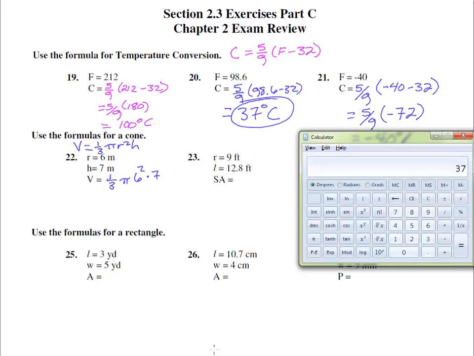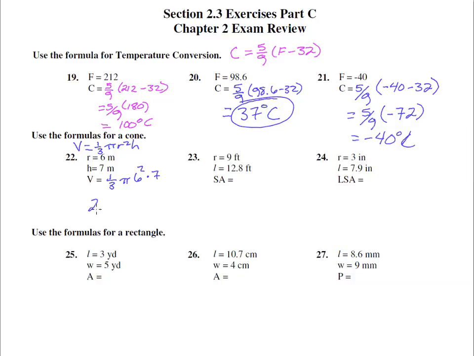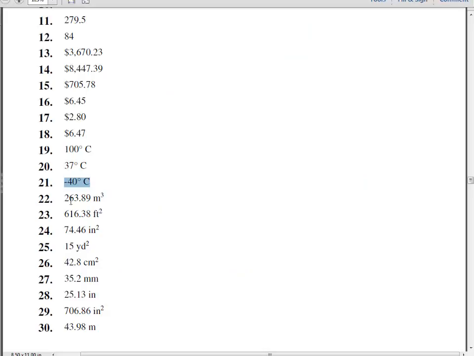Let's pull out our calculator for this one. 1 divided by 3, that gives us 1/3, times pi times 6 squared times 7 equals 263.89, or 263.9. And the units on this, if we're in meters and we multiplied meters squared times meters, this is meters cubed, which corresponds with that we were finding a volume. 263.9 meters cubed, and they wrote 0.89, which is just fine.